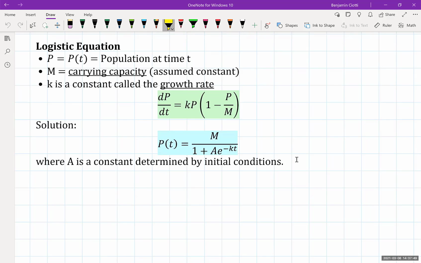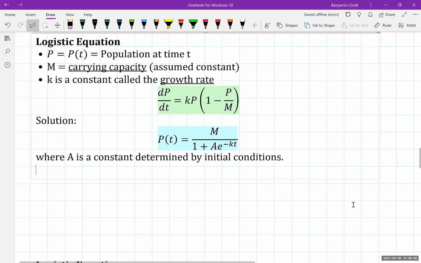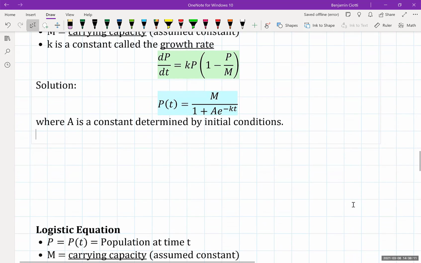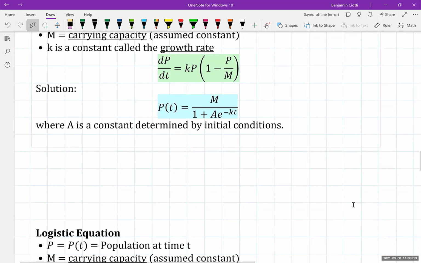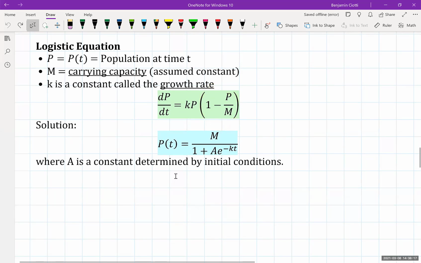My explanation, and probably the best one you're going to get right now, is we just threw on an extra term that would make the rate of change go to 0 once you hit some maximum carrying capacity. Let me show you the slope field. I think that will clear things up a little bit.